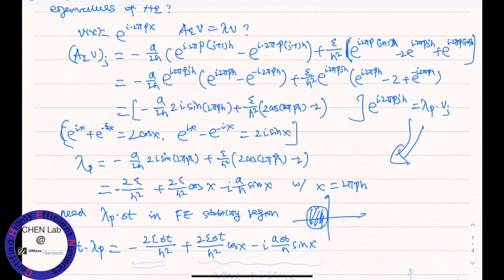Okay, and if you look at this guy, this is in the form of a cosine x plus i b sine x. Okay, and the first part is basically just that shape. This shape shifted, right?